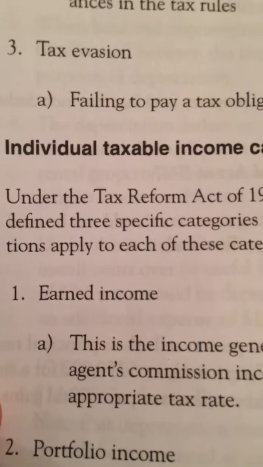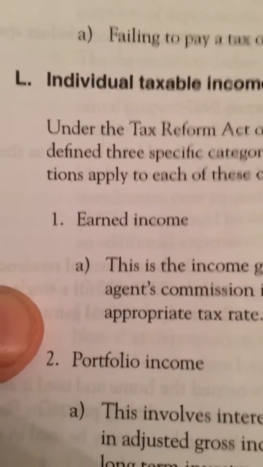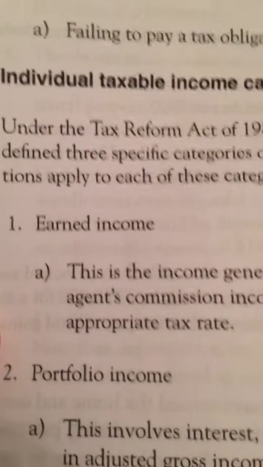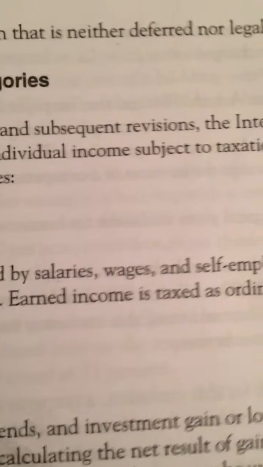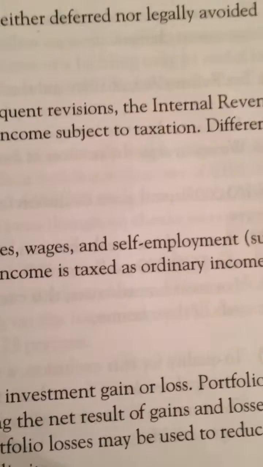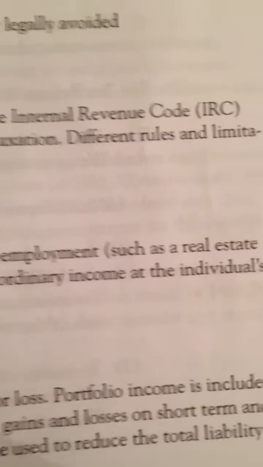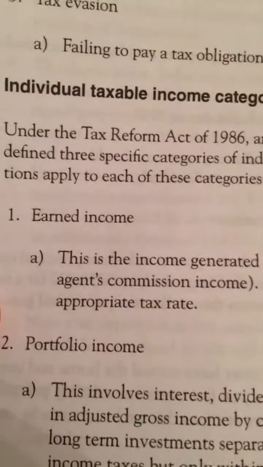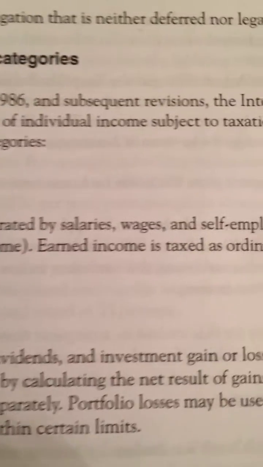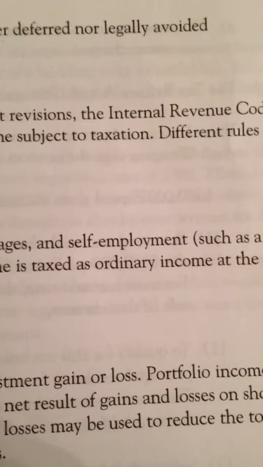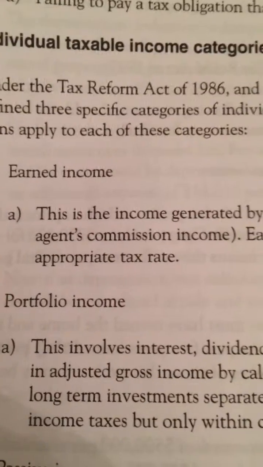Different rules and limitations apply to each of these categories. 1. Earned income. A. This is the income generated by salaries, wages, and self-employment, such as a real estate agent's commission income. Earned income is taxed as ordinary income at the individual's appropriate tax rate.